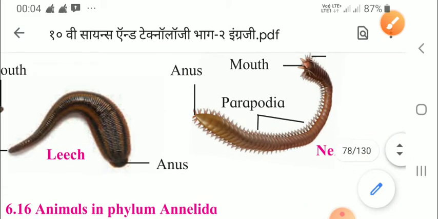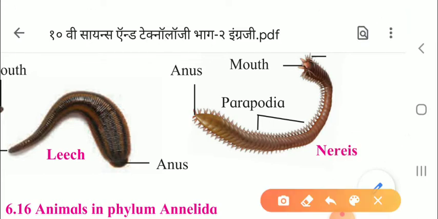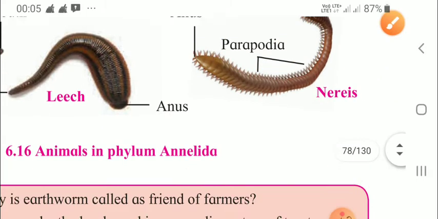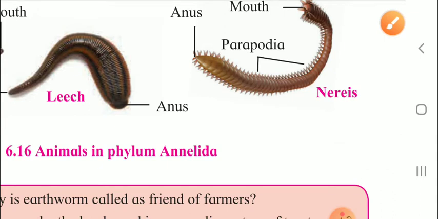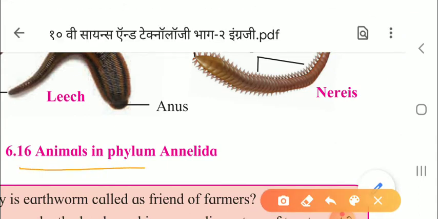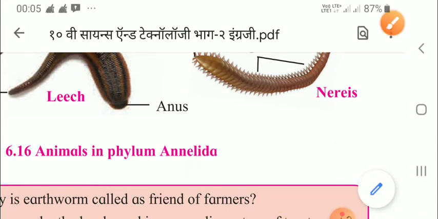Next is the nereis. It has parapodia; here you can clearly see, children, these are the parapodia. Then the mouth is there and the anus is there. So these are all animals present in phylum Annelida.